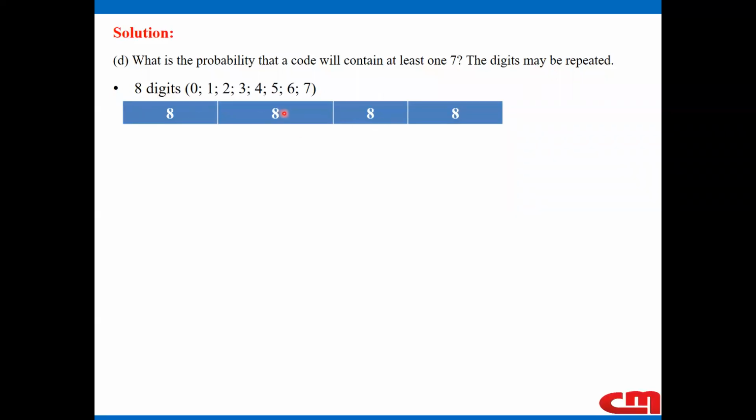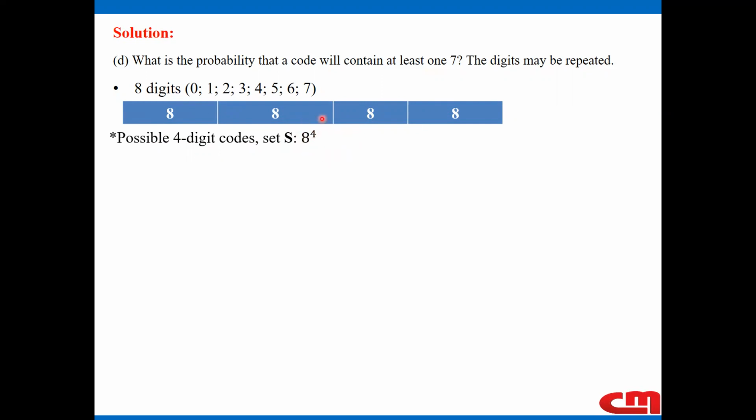So it's 8, 8, 8, 8, right? So the possible 4 digit codes set S is 8 to the power of 4. We found that in 8 before, right?